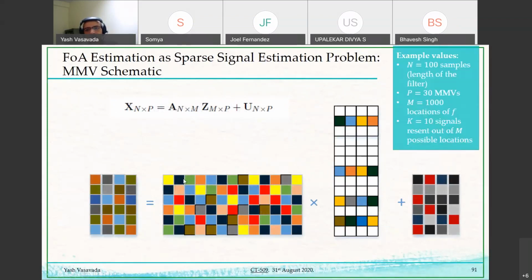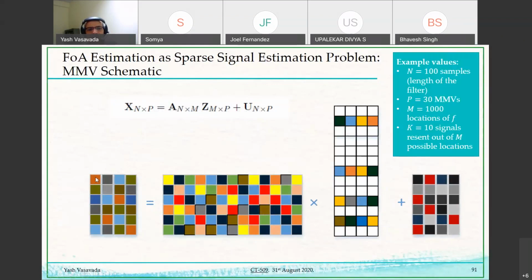So you will see that the vectors became matrices, except when we turned the vector Z into a matrix, we said that only a few rows of this Z matrix are non-zero. All the other rows are zeros. And this is not an unreasonable assumption, because if the signal is going to be sparse, then that sparsity is probably not going to vary dynamically.